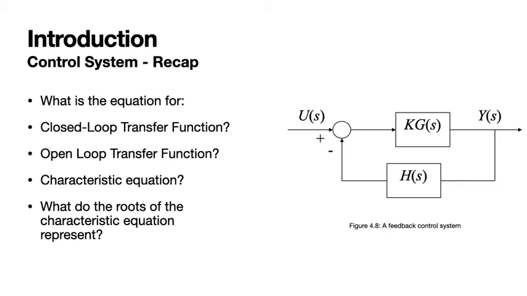And finally, what do the roots of the characteristic equation represent? Based on the feedback control system shown in figure 4.8. I'm going to give you about 5 minutes for you to try to determine the closed loop transfer function, the open loop transfer function, the characteristic equation, and some notes on the characteristic equation.